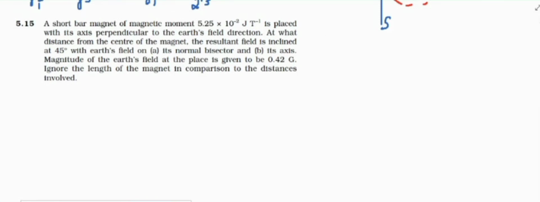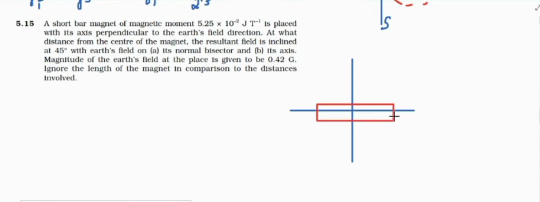So again, we have to take the Earth's magnetic field and north-south directions. Now a bar magnet is placed in such a way that the point lies on its equatorial line.